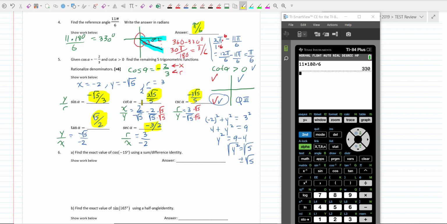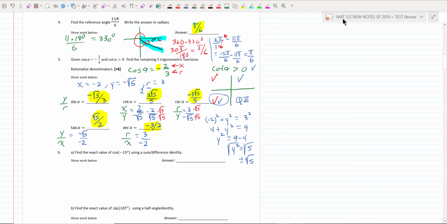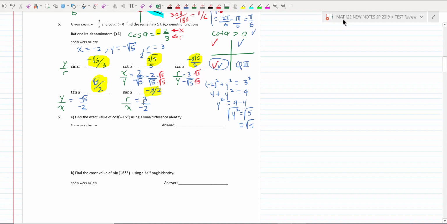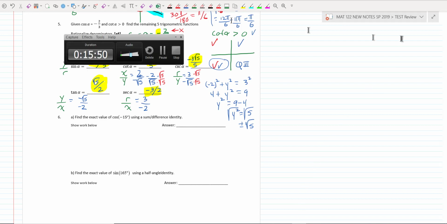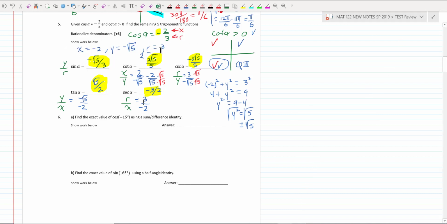We want to review some basic identities, and I picked out some of the basic ones. I want to review the sum, difference, and half angle identities with you. In this one, you're told to use a sum difference identity.